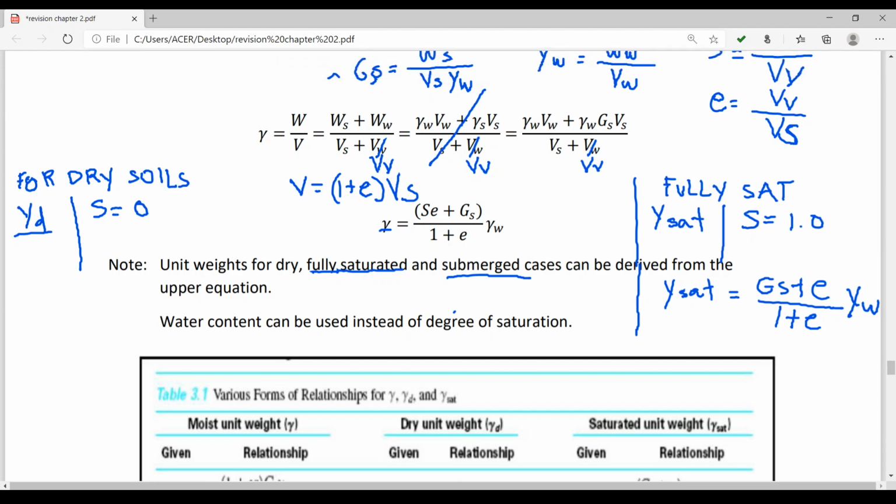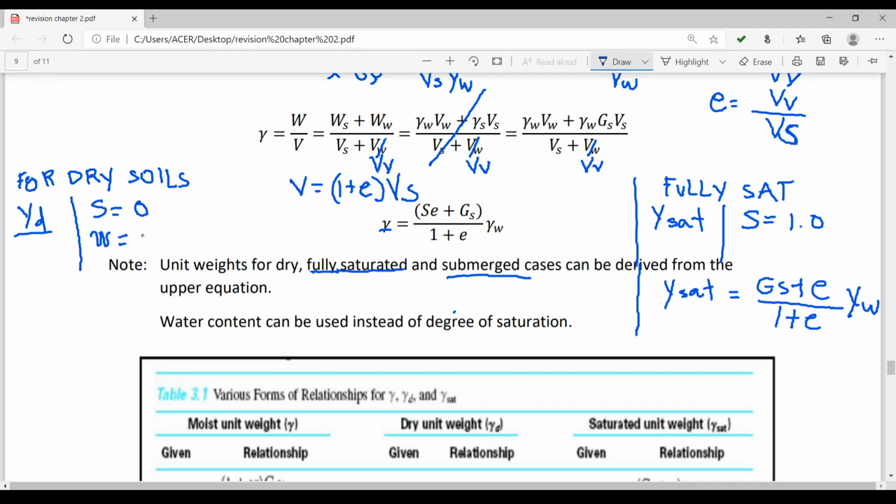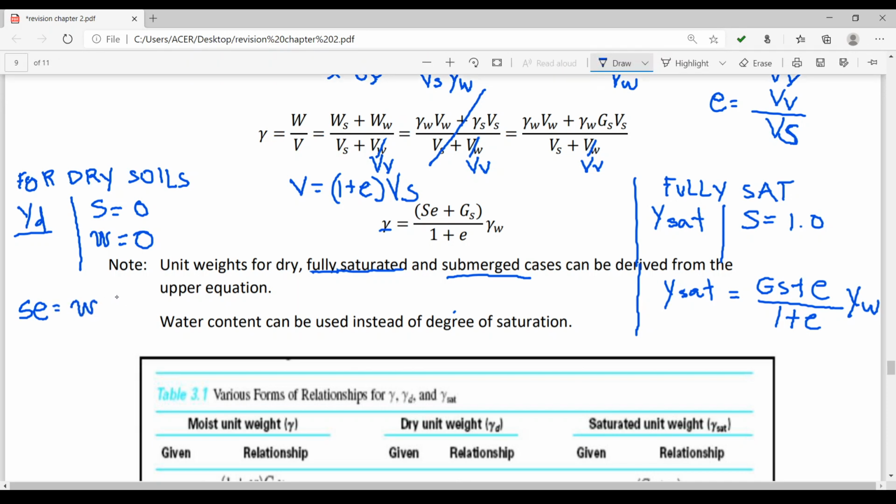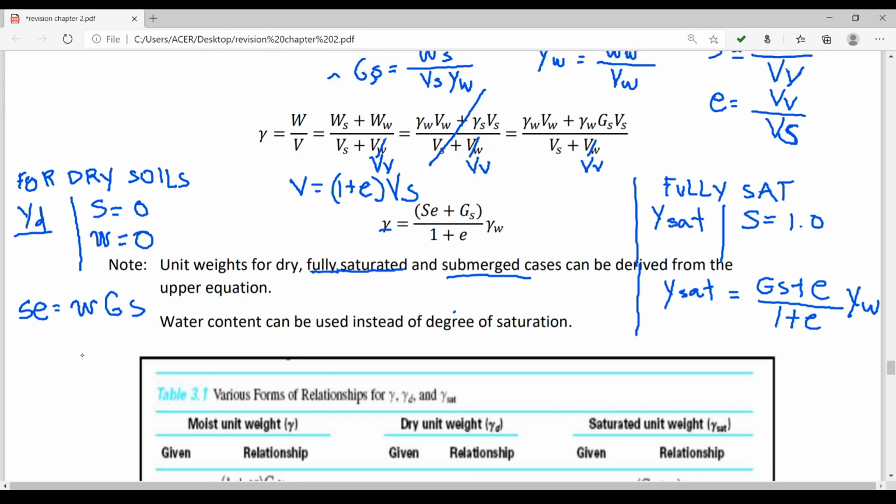Since fully dry, there is no water, so VW would be equal to 0. And also, water content. Since dry, water content is equal to 0. What is the effect of that? From our equation, we have Se. Se is equal to moisture content times Gs. Since w is equal to 0, then that side is 0, so our Se is 0.